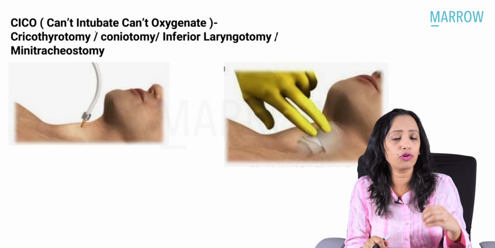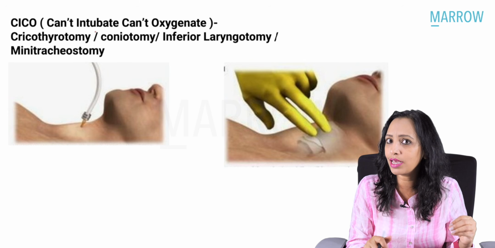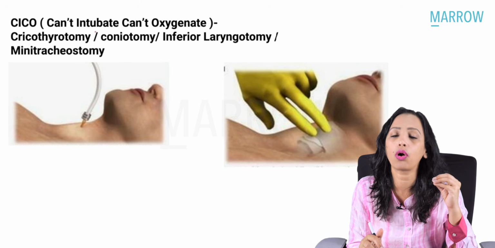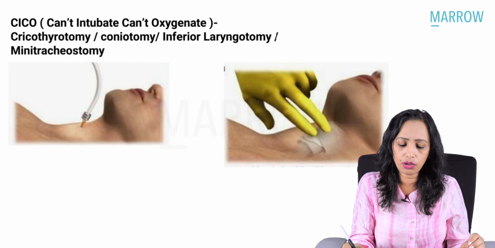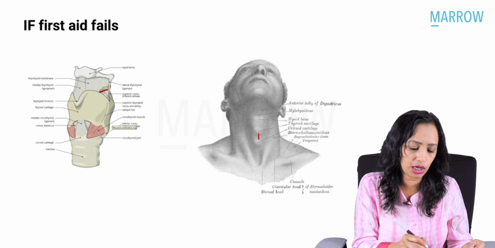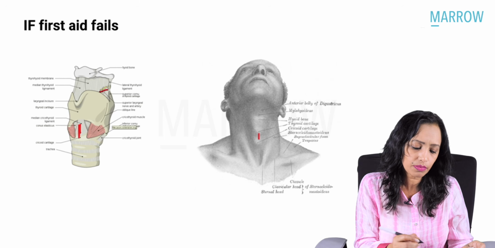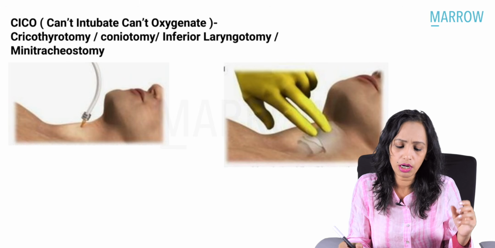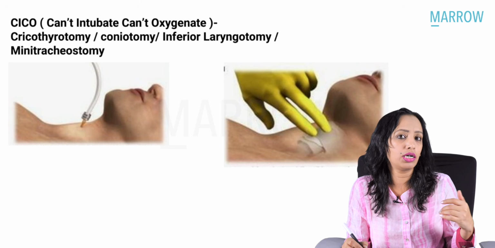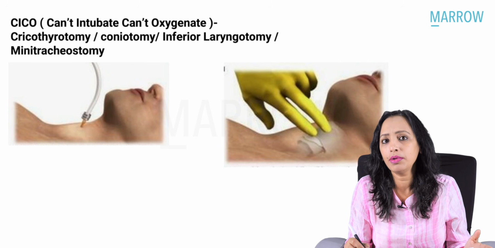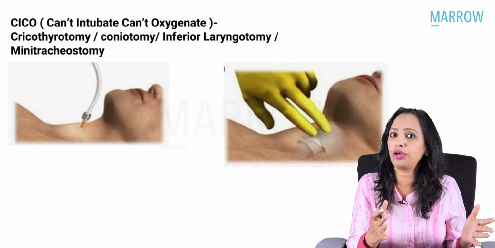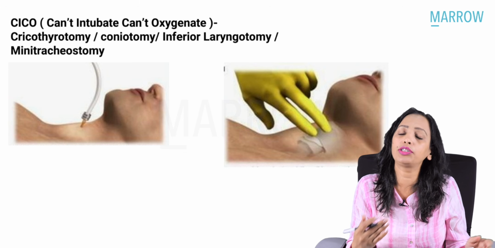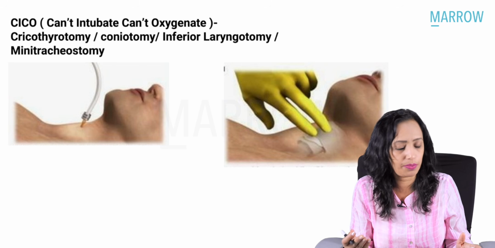Yes. So if you cannot intubate and cannot oxygenate, in that case the next maneuver is to go for the emergency cricothyrotomy. What is cricothyrotomy? Cricothyrotomy is you give an incision in the cricothyroid membrane, in between the cricoid and the thyroid, and you put a tube here which just buys you some time so that you can shift the patient for removing the foreign body by a laryngotracheobronchoscopy, or you can shift to an alternate method of respiration.